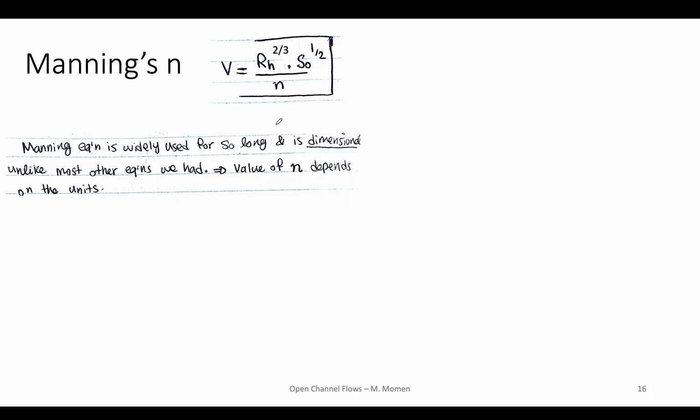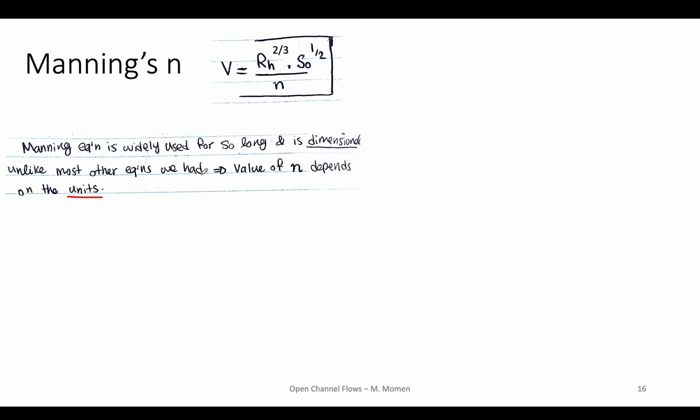Unlike most of the other equations that we had so far, where in fluid mechanics we try to non-dimensionalize all of the equations so that the coefficients we find are universal and not dependent on the system of units that we use, Manning's equation is a dimensional equation, and therefore the value of n, or Manning's n, depends on the units that we choose.